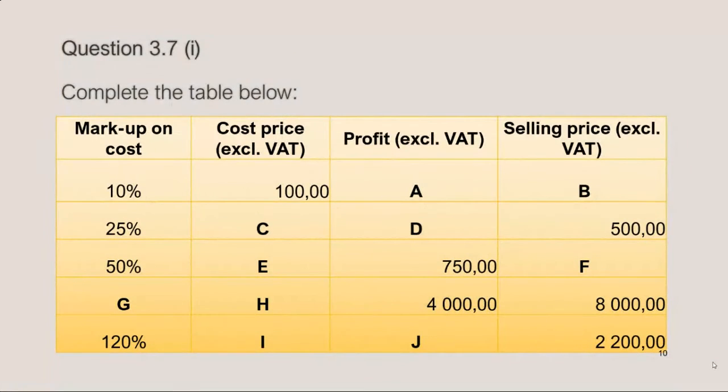Okay, so the first one, A. How would you guys work out A? You can just type in the formula there in the chat function for me. How would you work out the profit on the slide, which I've indicated as A?